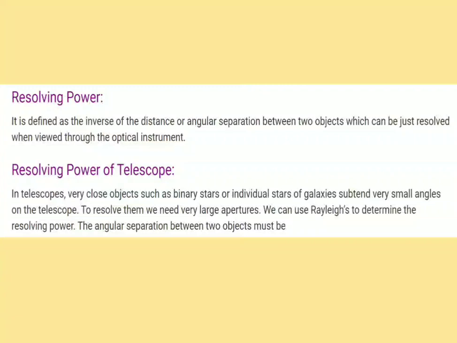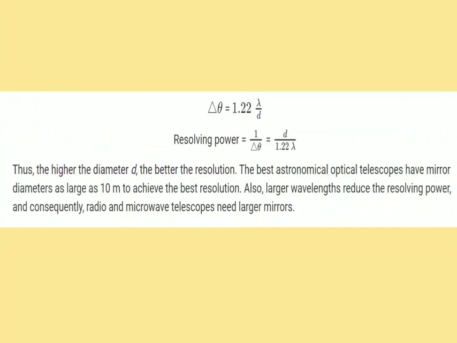So the angular separation between two objects must be delta theta equal to 1.22 lambda by d. As per the definition, the resolving power of telescope is the reciprocal of angular separation. Generally the angular separation is given by delta theta equal to 1.22 lambda by d.